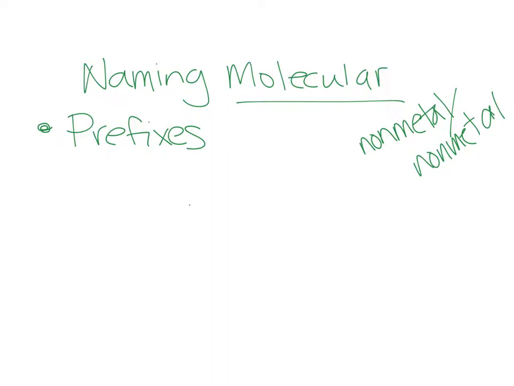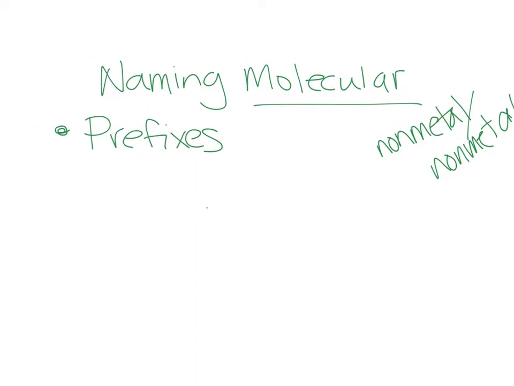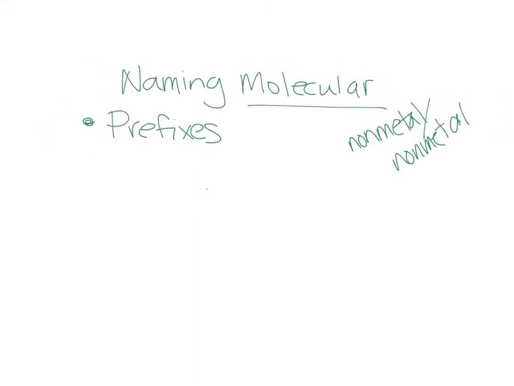All right, and then what's 10? Deca. Good. All right, cool. So what else was important though? Because those prefixes, as much as you could use them on everything, what couldn't you use it on? The first element, if it was only one. Good.